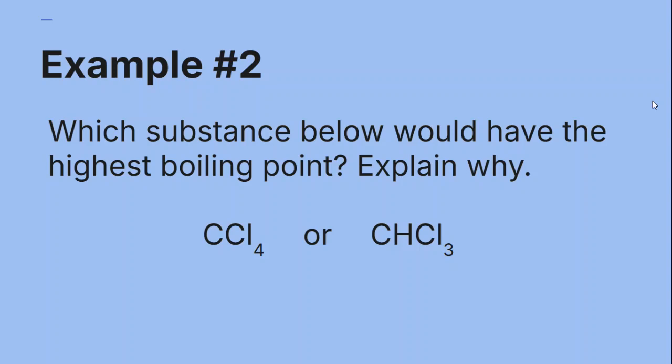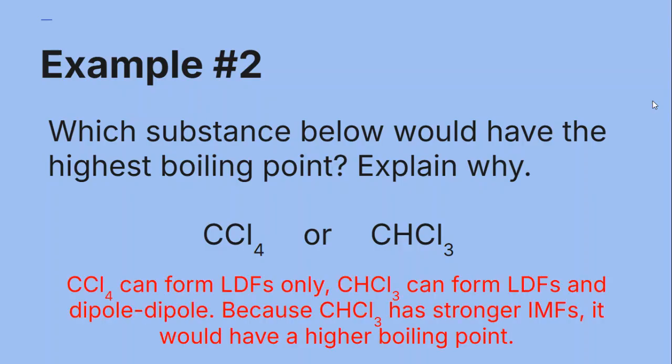So, because the CHCl3 has the ability to form stronger IMFs, LDFs and dipole-dipole, it would have the higher boiling point. So the way to determine which substance has a higher boiling point or which substance has a higher viscosity is to compare types of IMFs.